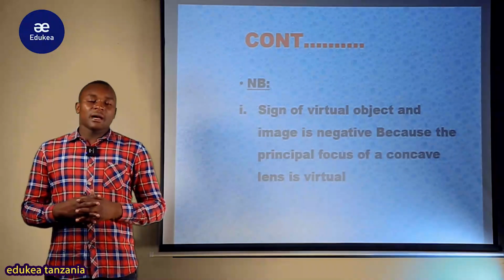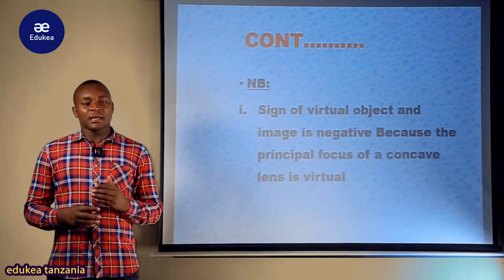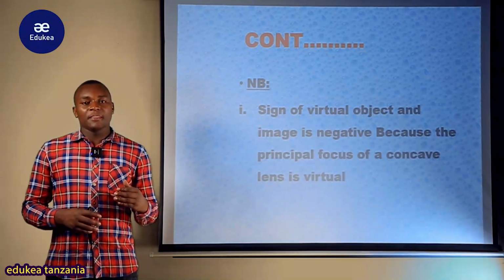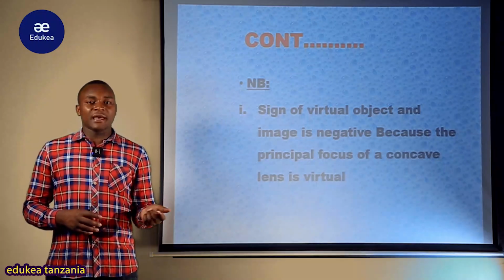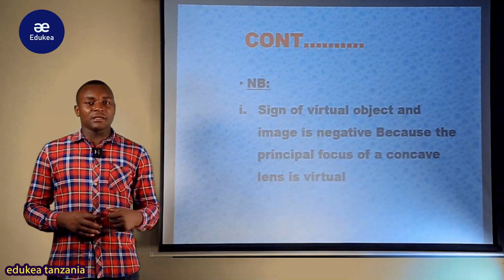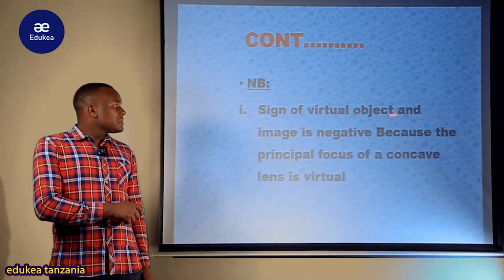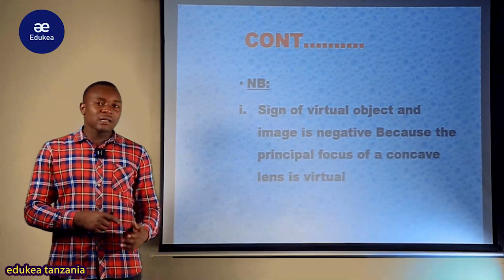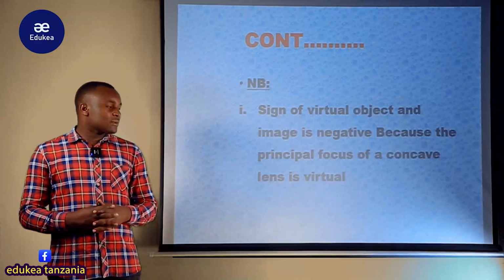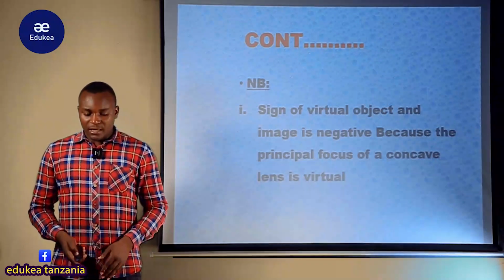So if you are being asked why there is negative sign for object distance and image distance for visual image in a lens, say that this is because the principal focus of a concave lens is visual.